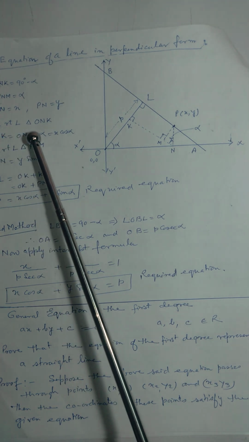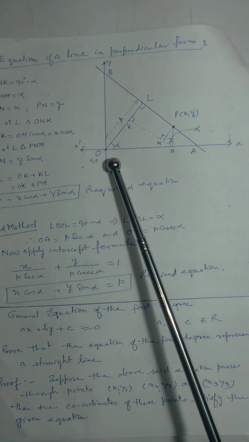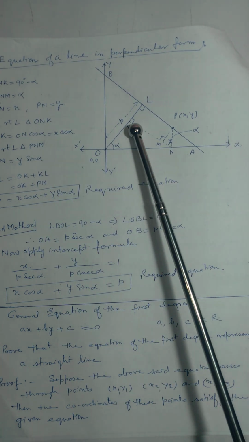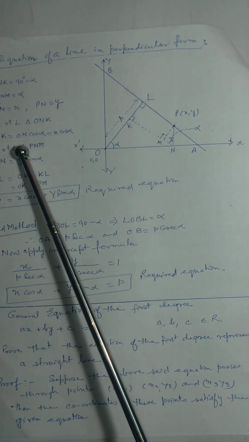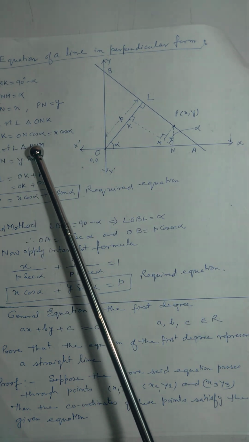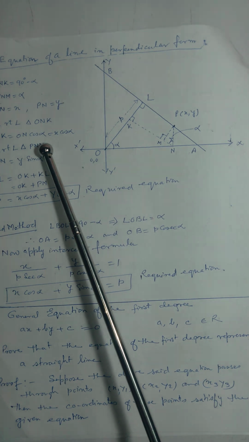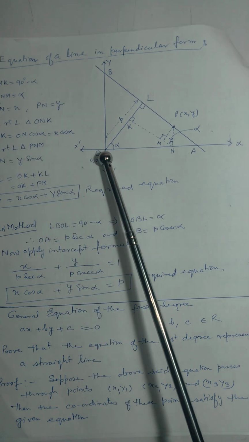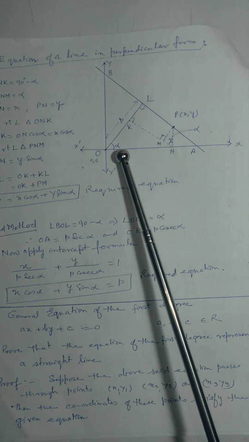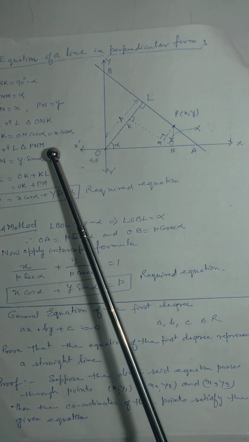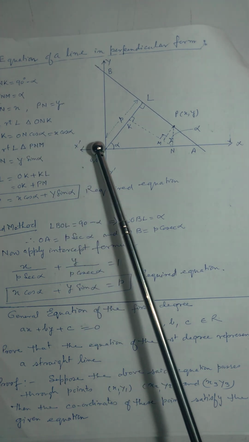In right angle triangle ONK, OK is equal to ON cos alpha, that is x cos alpha.